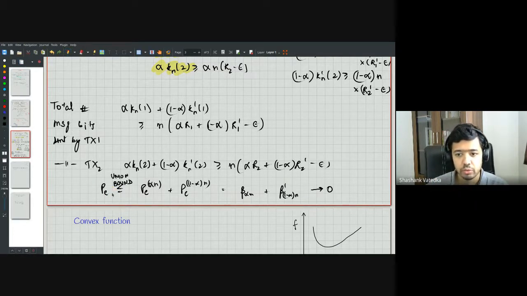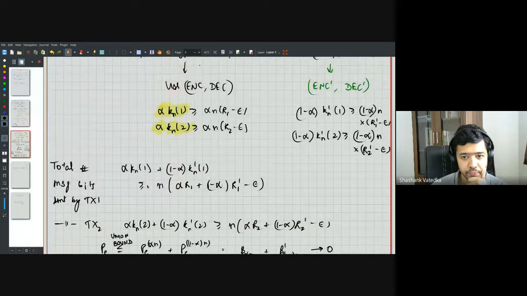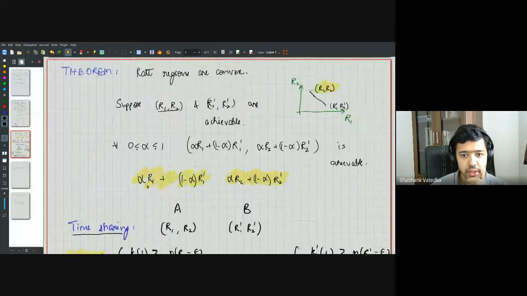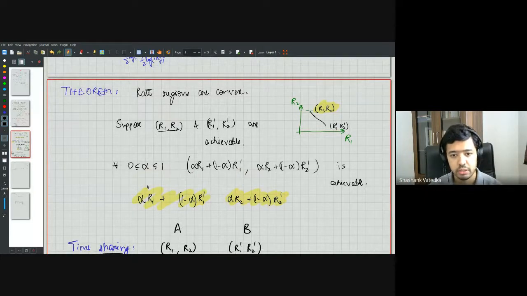Right? So any questions? So basically what we showed was that suppose you have any two schemes, one which achieves a rate R1, R2, and another scheme which achieves R1 prime, R2 prime, then we can always construct another scheme which achieves alpha R1 plus 1 minus alpha R1 prime and alpha R2 plus 1 minus alpha R2 prime.